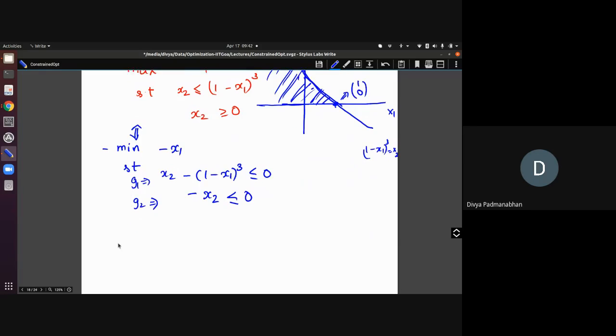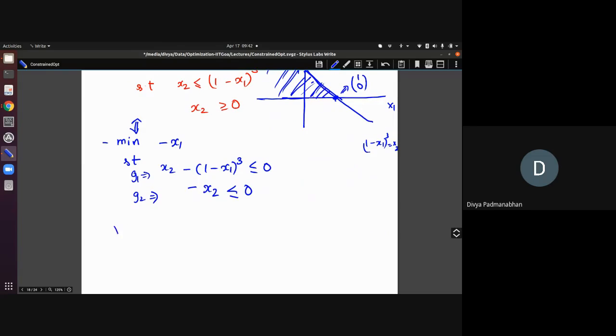Now let's see the gradient of G1. What is the gradient of G1 of x in general? It's 3 times (1 minus x1) squared, and then 1 here, since G1 is x2 minus this, the minus cancels out. And the gradient of G2 is 0 and minus 1.